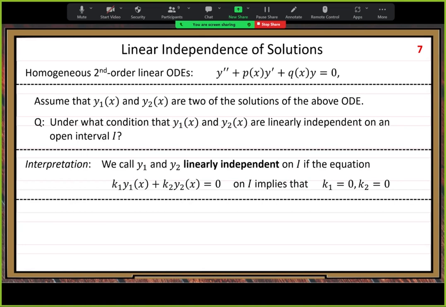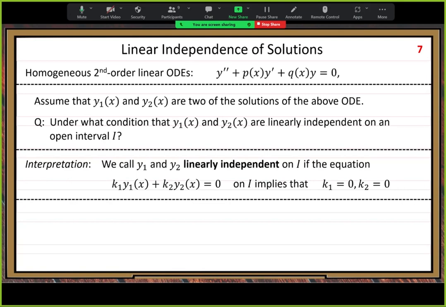So if you destroy the whole condition, they are not linearly independent. The opposite, they are linearly dependent. Try to understand this. A little confusing, but try your best to understand. That's our starting point.